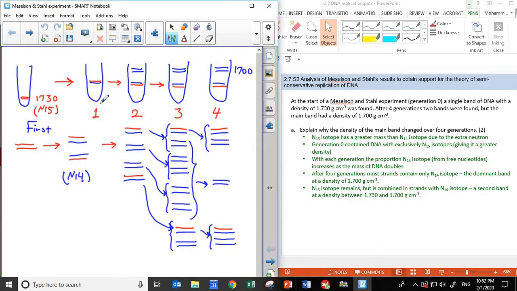Considering all the explanations starting from the first generation, by looking at this picture and these DNA strands that are already drawn, you can answer this question.